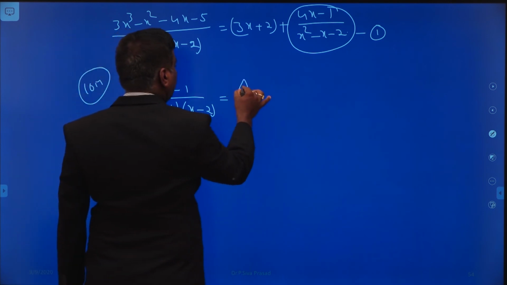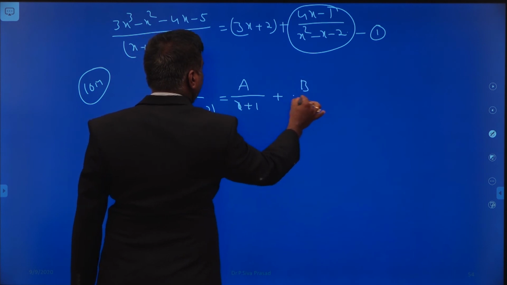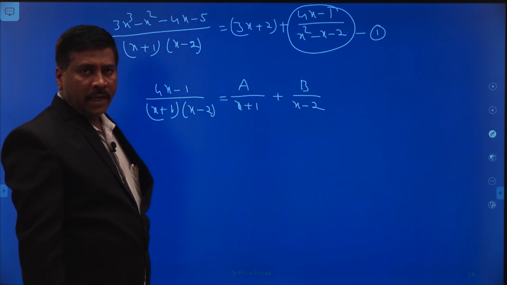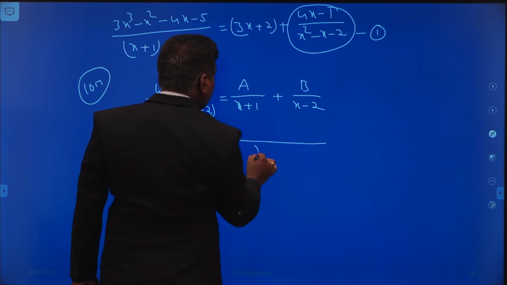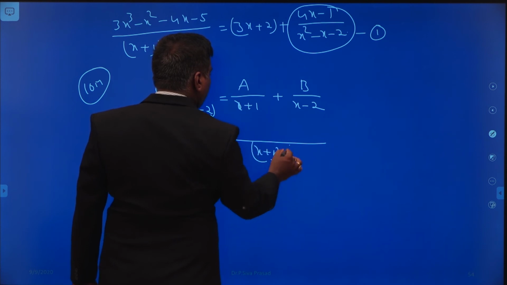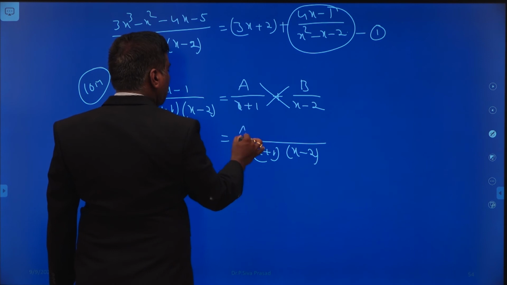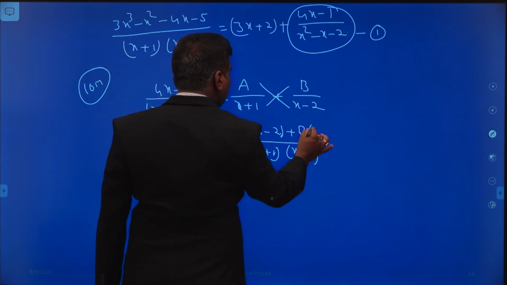Simply take A by x plus 1 plus B by x minus 2. Take the LCM, x plus 1 into x minus 2. Take the cross multiplication of these two. Then we will get A into x minus 2 plus B into x plus 1.